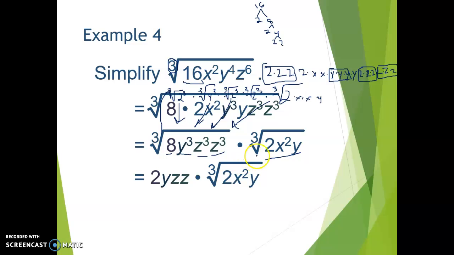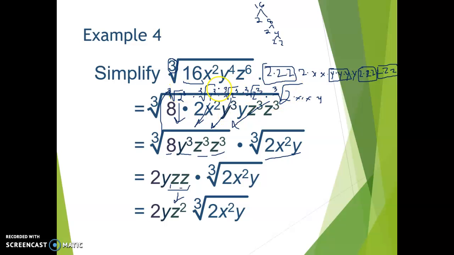And then we have all this leftover part here, 2, and then x times x is x squared and y. So our final answer then is 2y z squared times the cubed root of 2x squared y. And the reason we have z squared is because we had z times z up here.